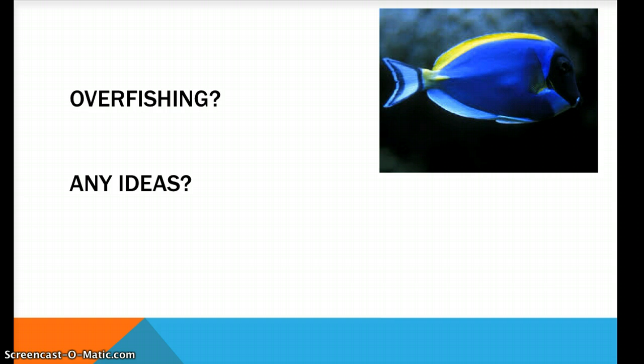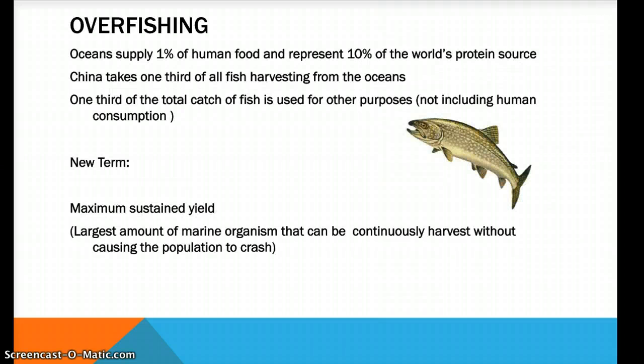Next we have overfishing, and overfishing is just the depletion of the stock of fish by too much fishing, so it diminishes. A few facts about overfishing: the oceans supply 1% of human food and represent 10% of the world's protein source.